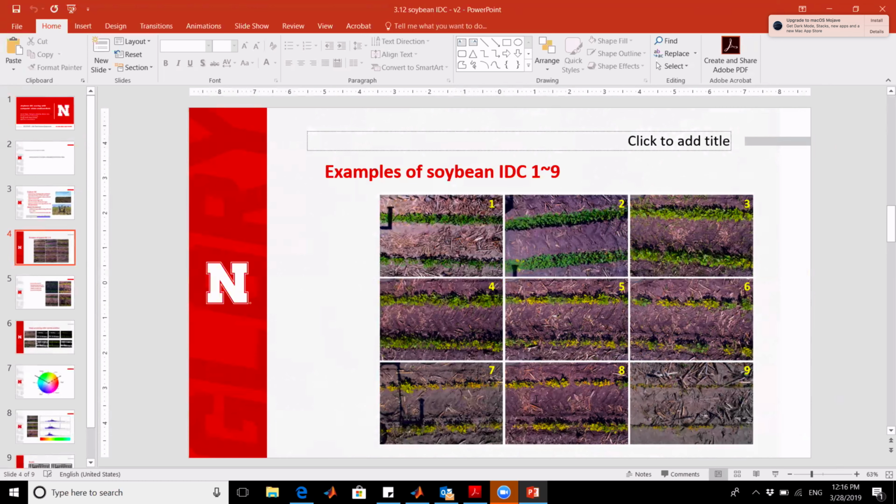One of the problems with agriculture is the mixture of stresses that could potentially happen, right? If you are talking about nitrogen stress or water stress, sometimes the signal can be confusing to the human being as well.